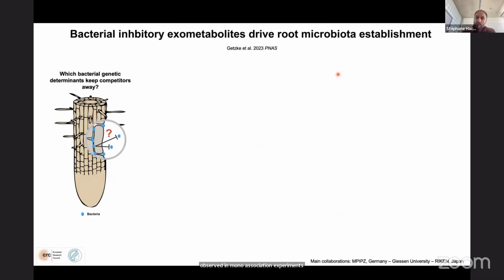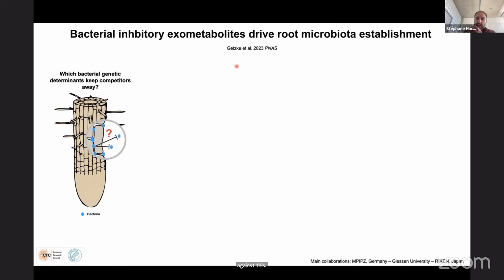So more recently, we became interested in metabolites that are secreted by bacteria and that have inhibitory activity, because we hypothesized that these inhibitory exometabolites are likely important for shaping the root microbiota and also likely for protecting these plants against these filamentous eukaryotes. I will come back to this in a second.